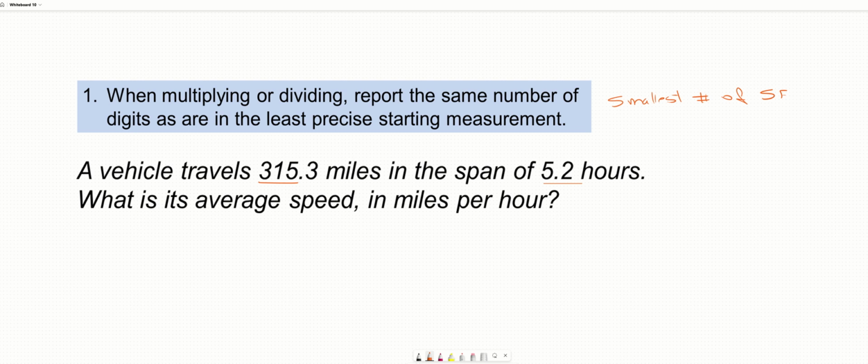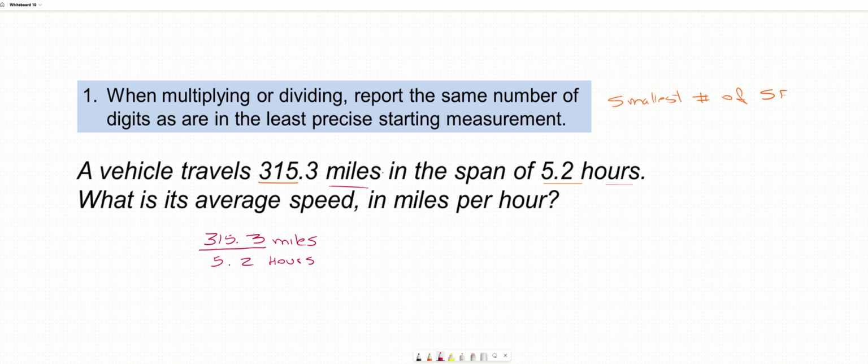The first thing you're going to do is use your calculator. Because they want miles per hour, we're going to divide by 5.2 hours.